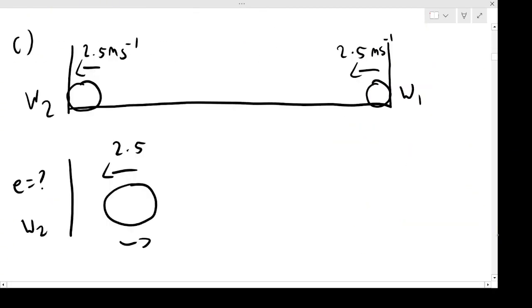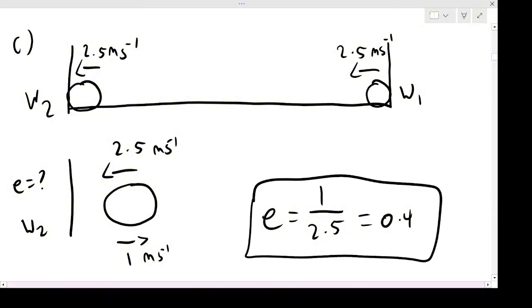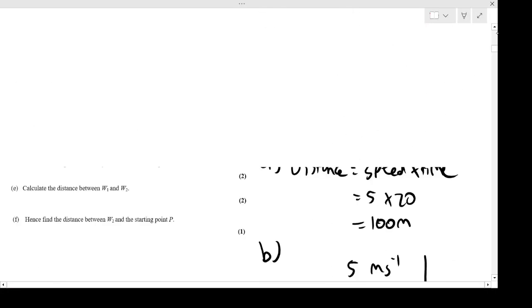So it's going to leave the wall with speed 1. And so we can quite easily calculate E here, can't we? E is going to be the speed after, 1, over the speed before, 2.5. That gets me E to be 0.4, and that's my coefficient of restitution there. So hopefully happy with that.